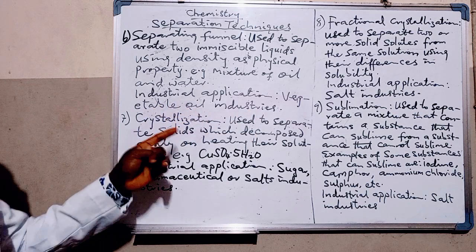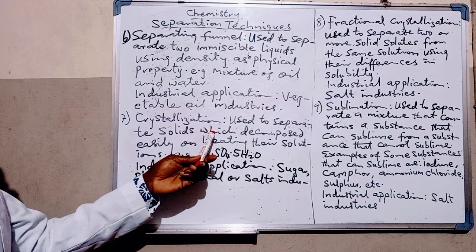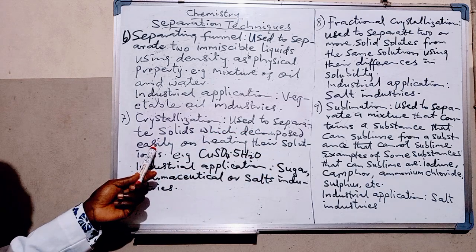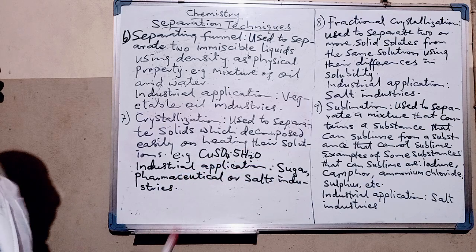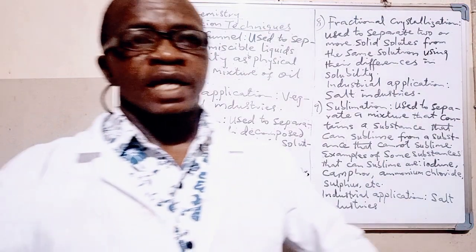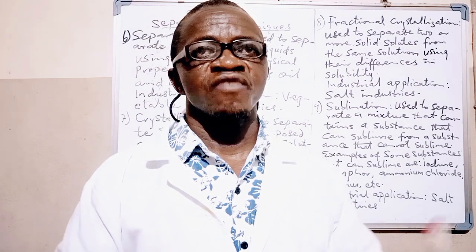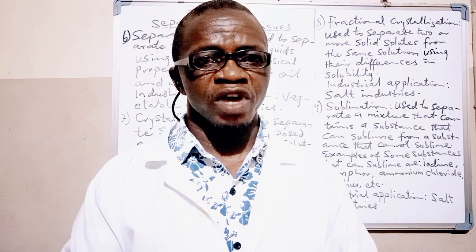Next is crystallization, used to separate solids which decompose easily on heating their solution. There are some substances that when they are in solution, not all the salts in solution, you can use evaporation. Remember we talked about evaporation.